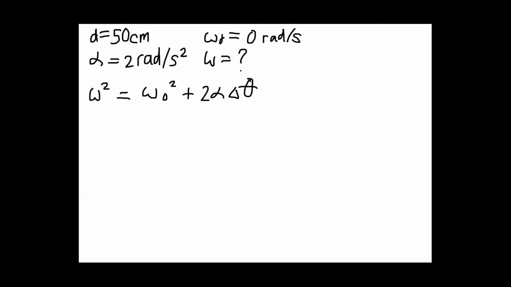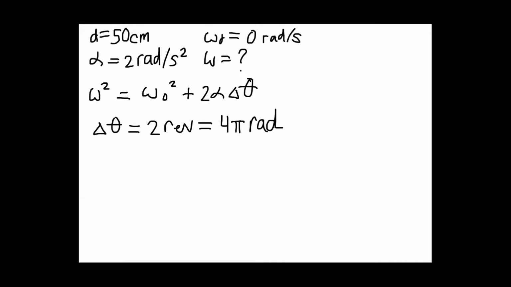Absolutely. And as you mentioned, we have a way to find delta theta. We've been given that it goes through 2 revolutions, so delta theta would be 2 revolutions, which, due to a conversion, becomes 4 pi radians. Just as a reminder, 1 revolution equals 2 pi, so 2 would be 4 pi, and so on. Half a revolution is about pi radians.